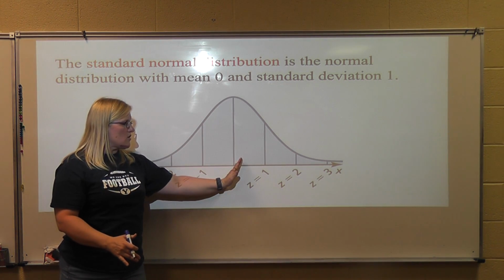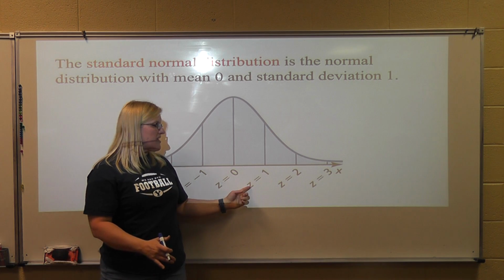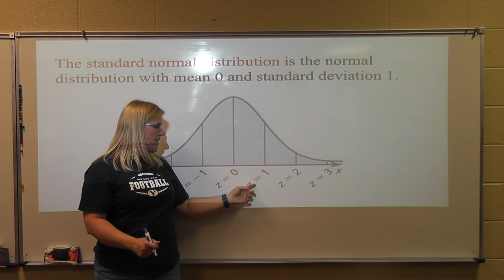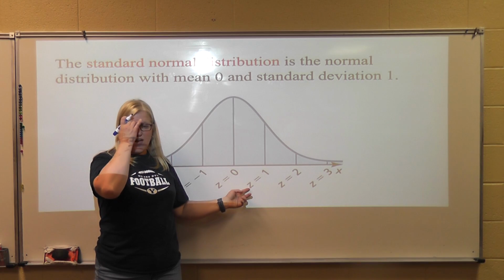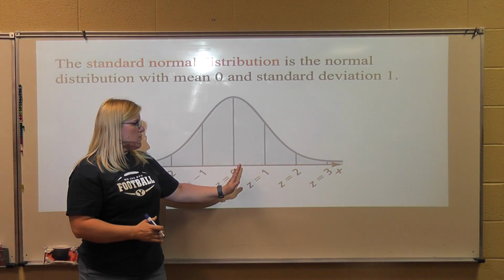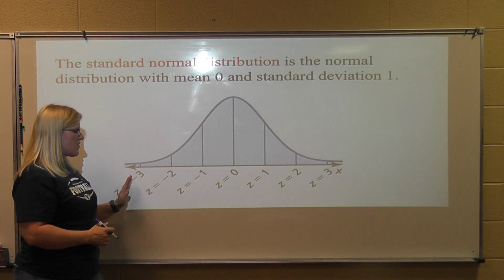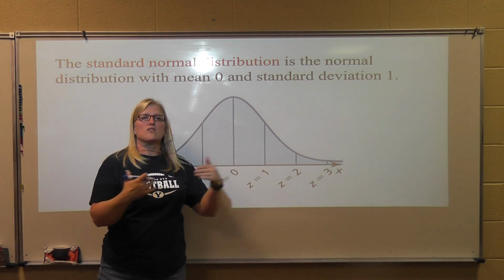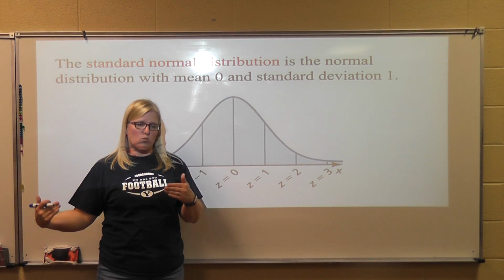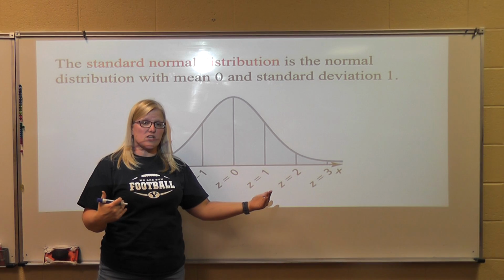Okay, so 0 smack in the middle, and these standard deviations have the letter Z, and we'll talk about that more in a minute too. All right, but it's 0 in the middle, and it goes from -3 to 3, so 3 standard deviations from one side to the other, which is what we looked at before too.